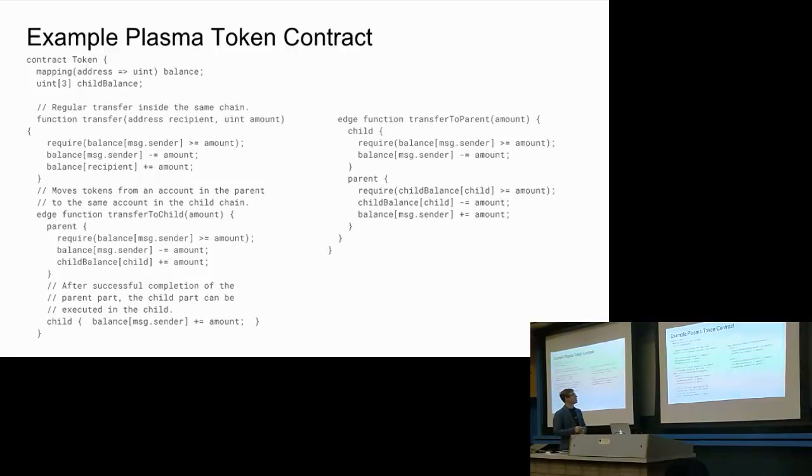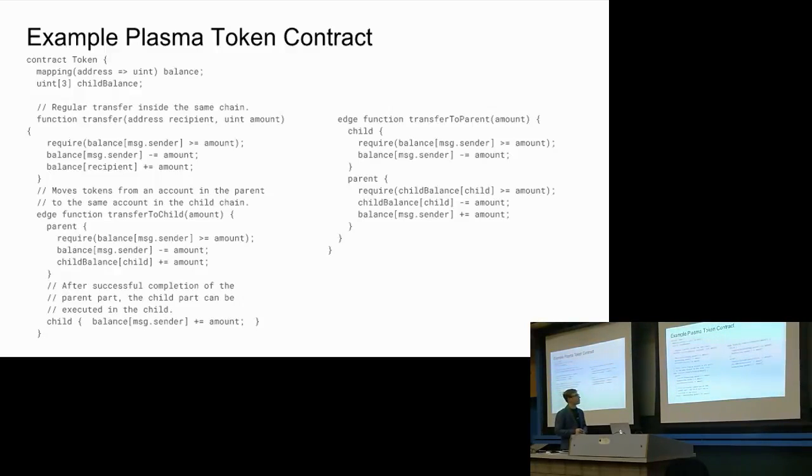This first function is the regular transfer function that is present for all regular tokens. It can be used to transfer a token from one account to another in the same chain. You specify a recipient and an amount. It checks that you have the required balance, then removes the balance from your account and adds it to the recipient's account.